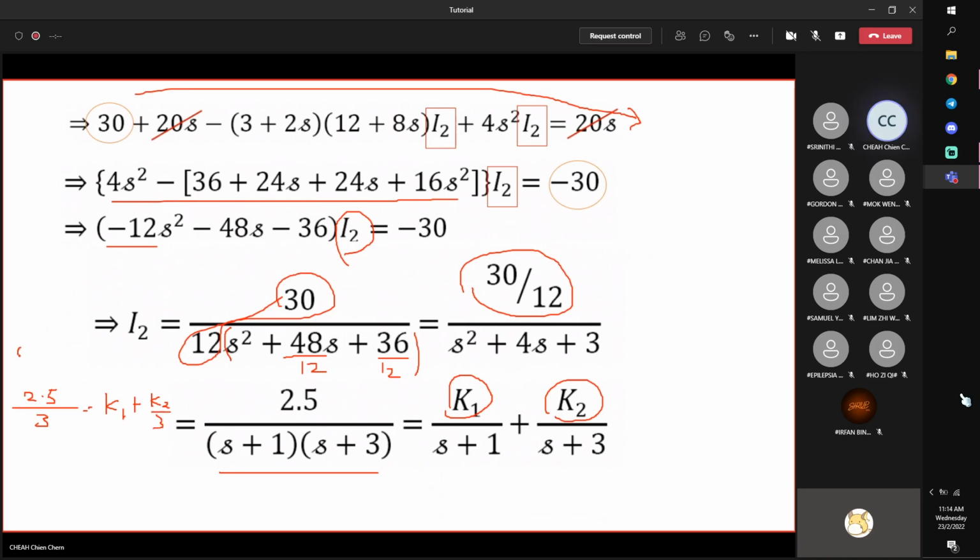Then you put s equal to 1, you get another equation. Then you can solve these two equations for K1 and K2, because now this calculator can do this quite fast as well. So do whichever way you think is faster.